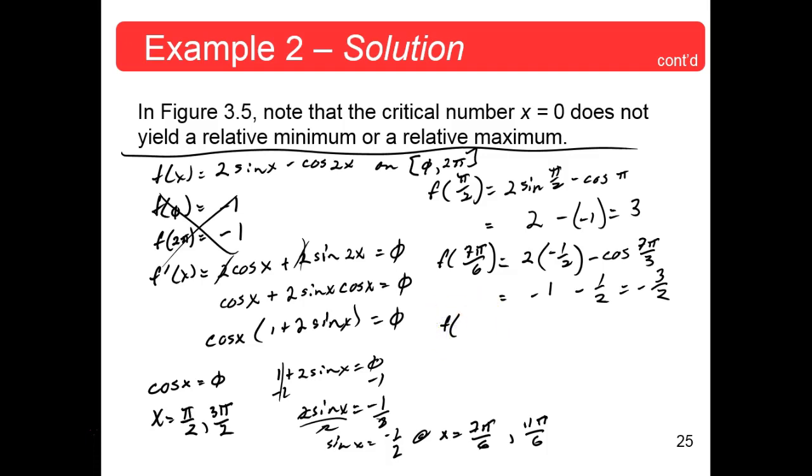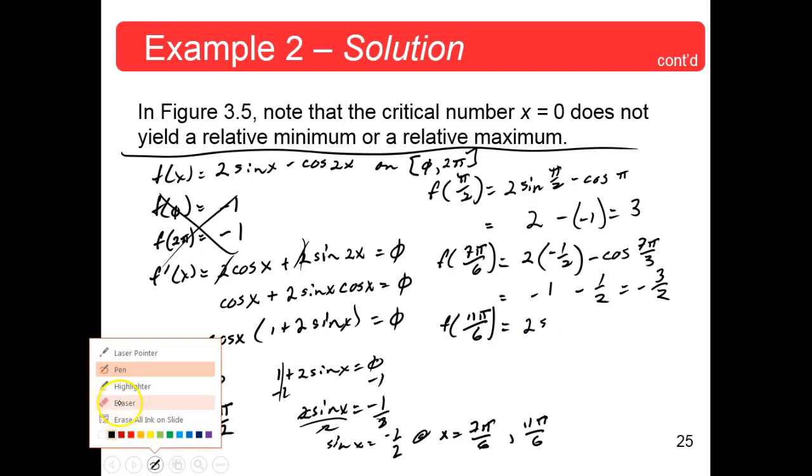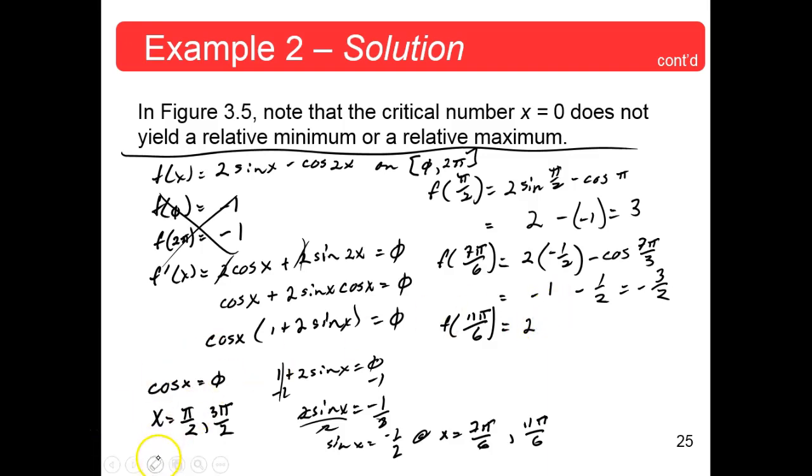11/6 pi. So f of that would be 2 times the sine. We already know the sine of 11/6 pi is negative 1/2. That's how we got it. Minus the cosine of 2 times that, 11/3 pi.